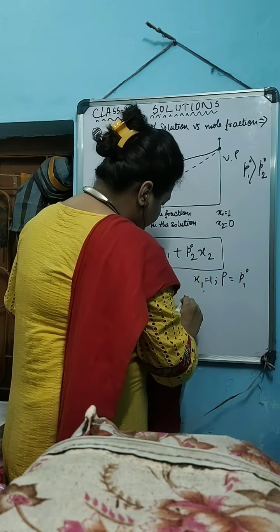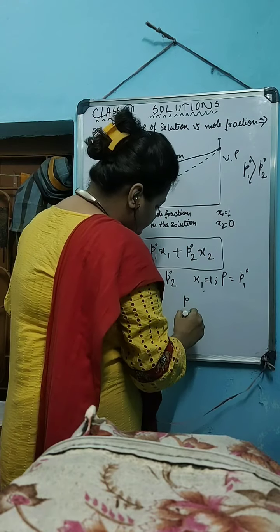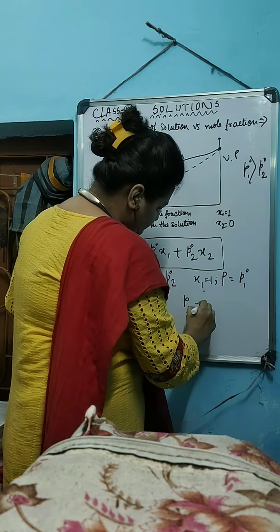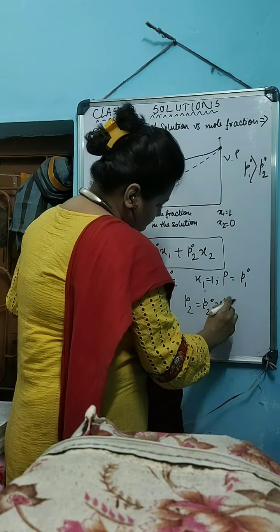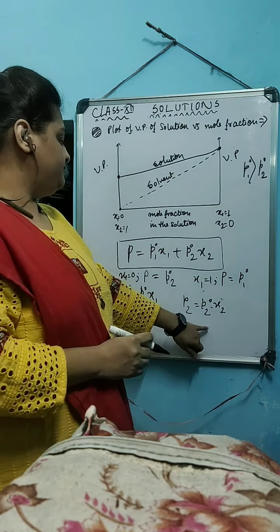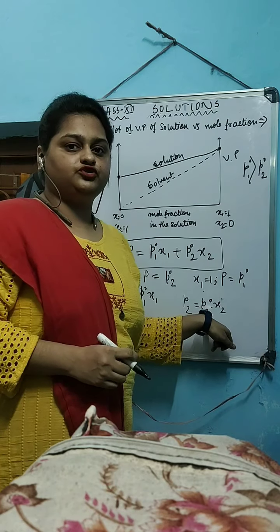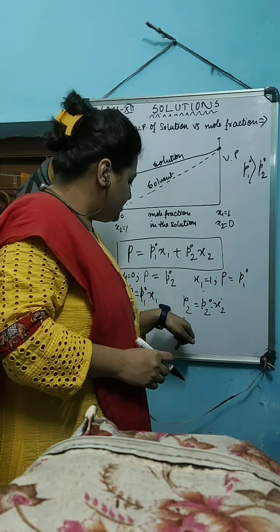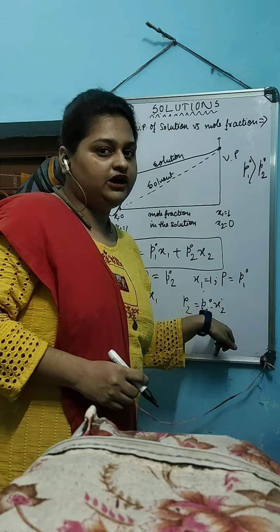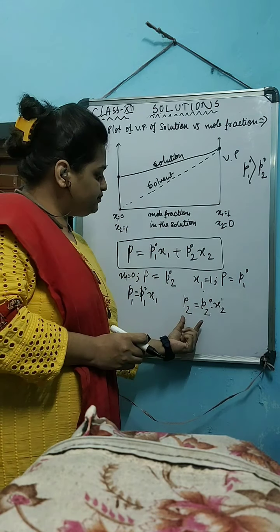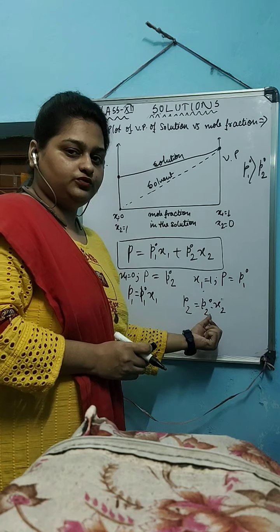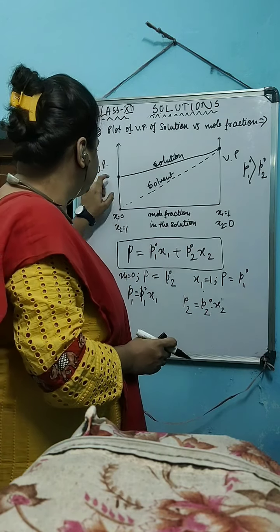For solute I can also plot inside this plot only. This is the partial pressure expression for solute: P2 equals P2 naught multiplied by X2. When X2 equals 1, P2 equals P2 naught, which is this point.